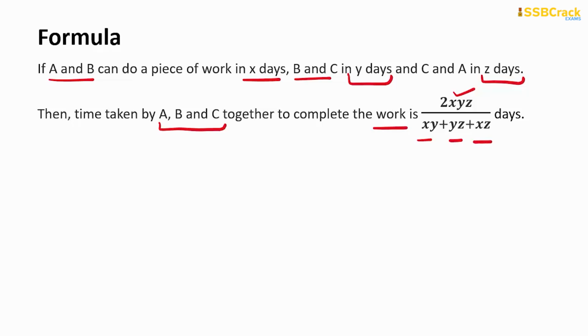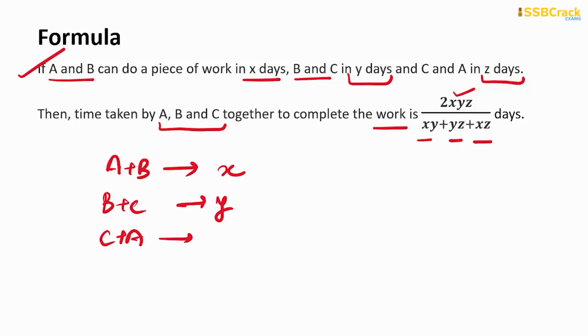So you can see that this formula is somewhat similar to the previous one, but here we are given the time taken by A plus B together to complete a work is X days, then B plus C will be Y days, and for C plus A the time is Z days.